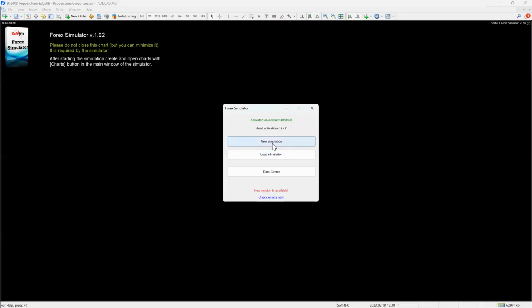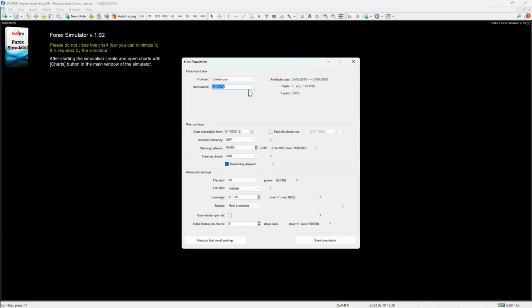Close this, new simulation. It's going to be GER30 on here, but it's GER40. Let's go 2021. Oh, sorry, microphone was really, really far away. Okay, so 5th of September, 2021.